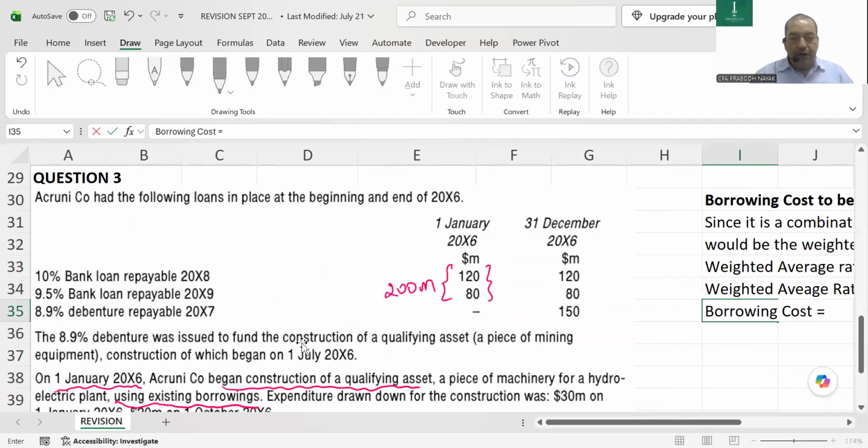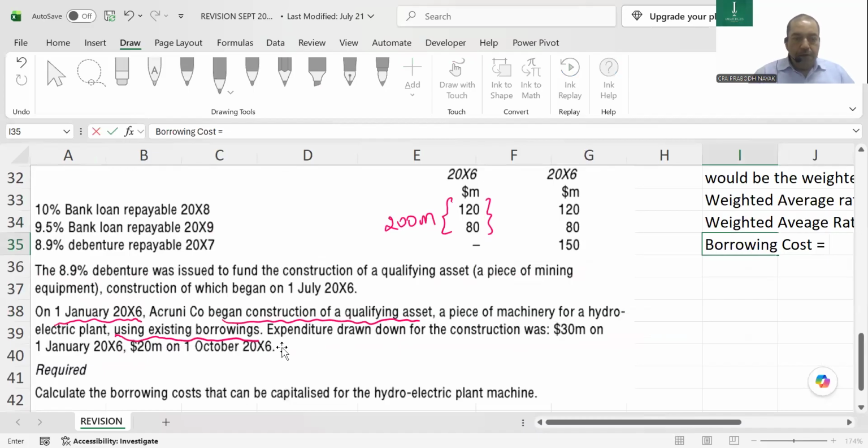Now let us take the dates. Borrowing cost: $30 million for the entire year at 9.8%, and $20 million for October, November, December, 3 months.